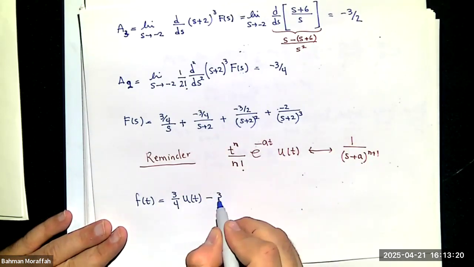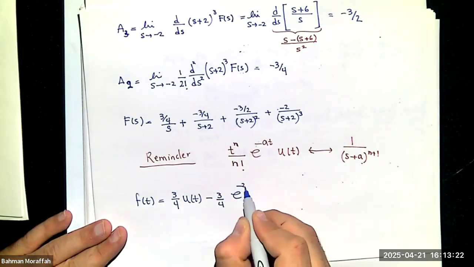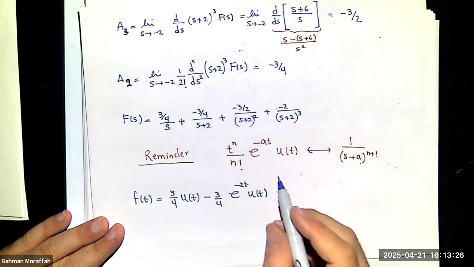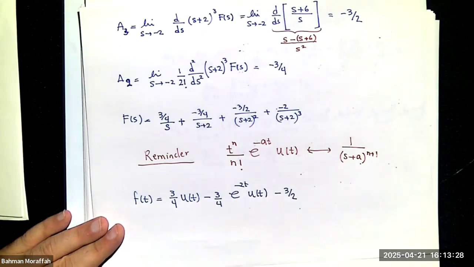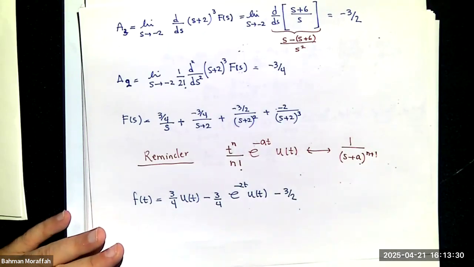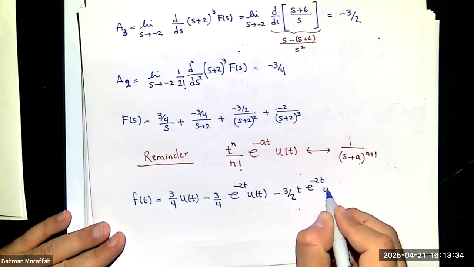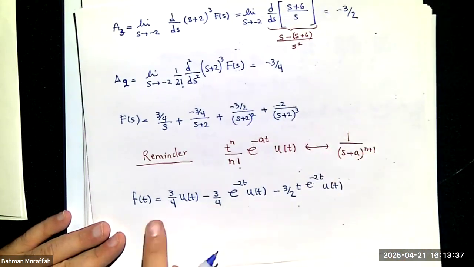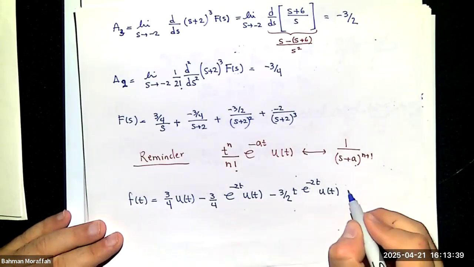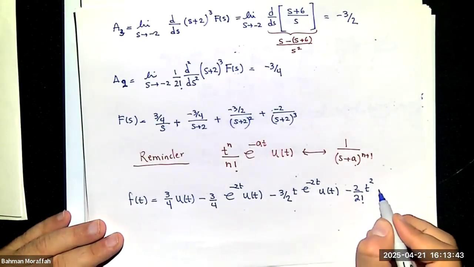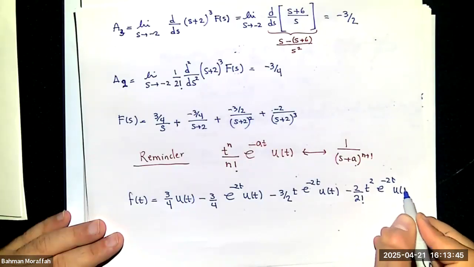The second one is -3/4 e to the power of minus 2t u(t). This one is minus 3/2 t e to the power of minus 2t u(t). And for the last one I'm going to use this formula, which is -2 divided by 2 factorial, t squared e to the power of minus 2t.